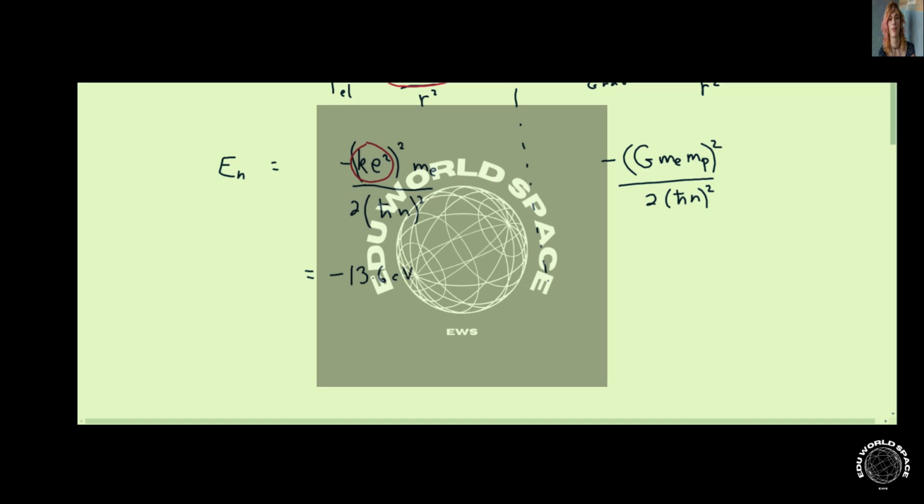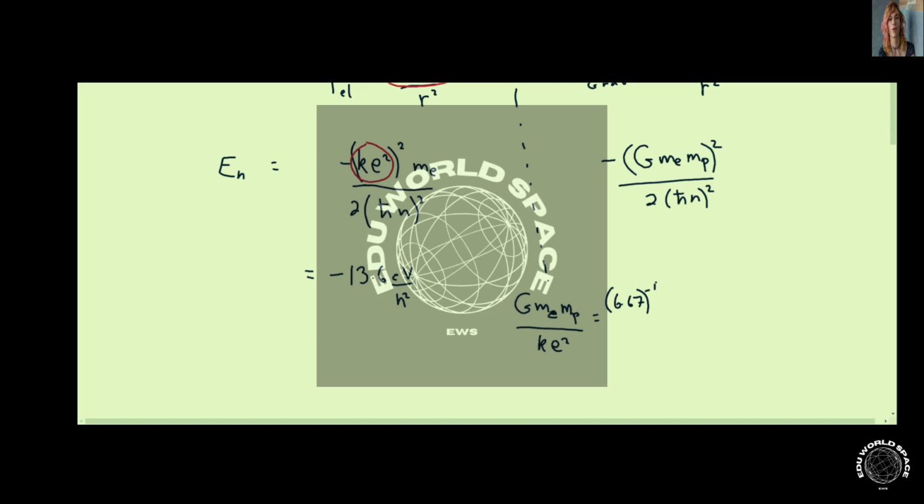So if we do the ratio of that cluster of constants gravity-wise compared to electrical-wise, we could simply take our negative 13.6 electron volts over n squared and multiply it by the ratio squared. We'll go ahead and evaluate that because it is instructive to do that.